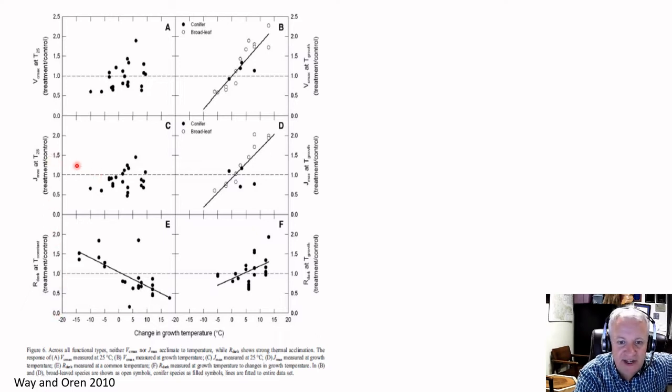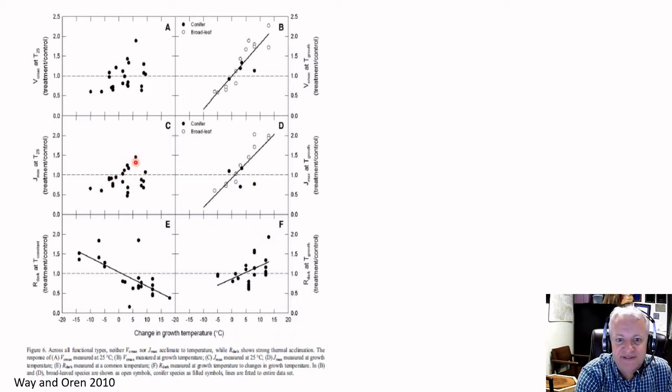Measuring the rate of a process at some set temperature tells you whether there are physiological adjustments. And what this shows you is that across a lot of species, Vcmax and Jmax, those important parameters of photosynthesis, there was no significant change with growth environment.